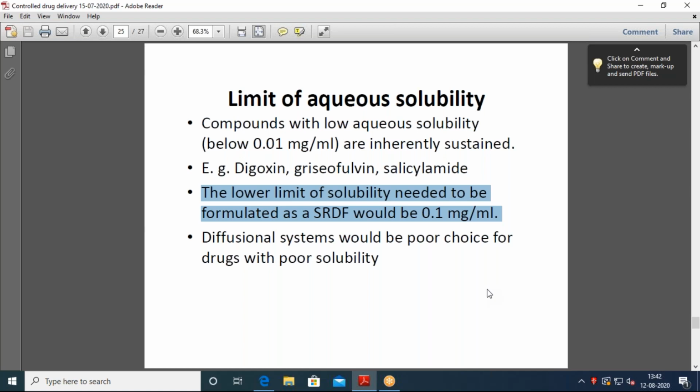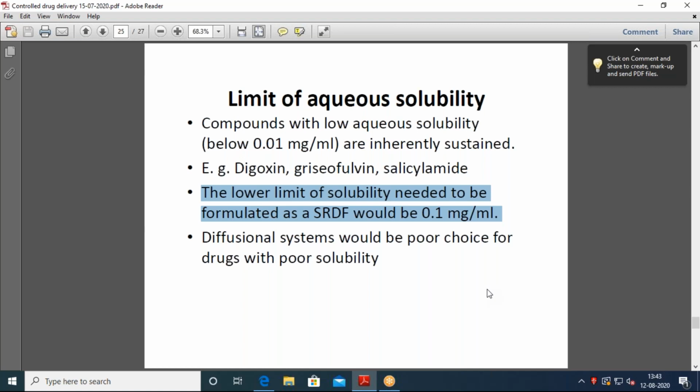Girls are keeping quiet today. How do you express solubility? Nobody knows how you define solubility? You have almost come to your final years. So the maximum amount of the substance which is dissolved in a specified amount of solvent.